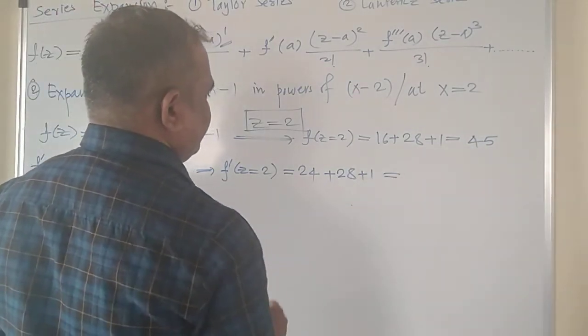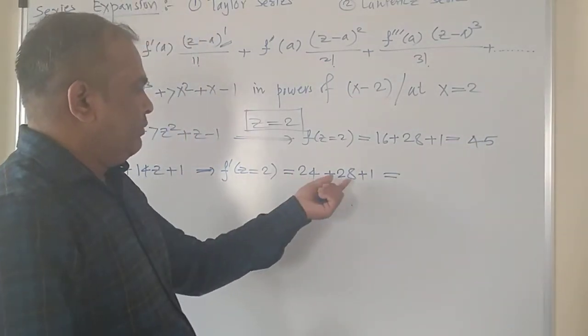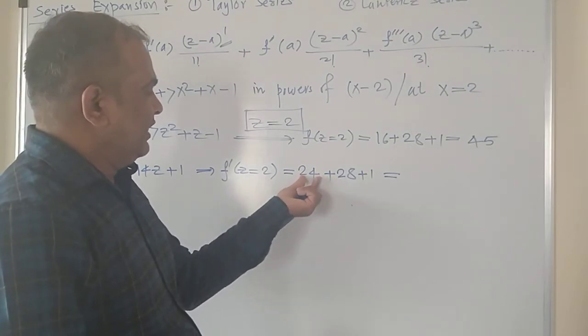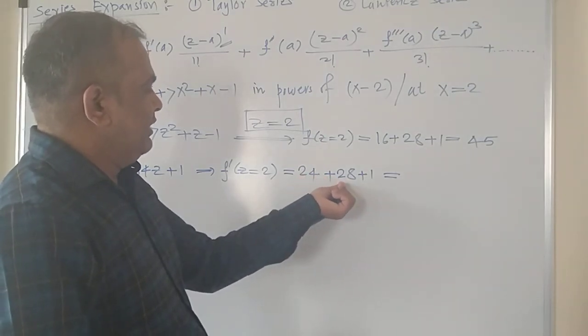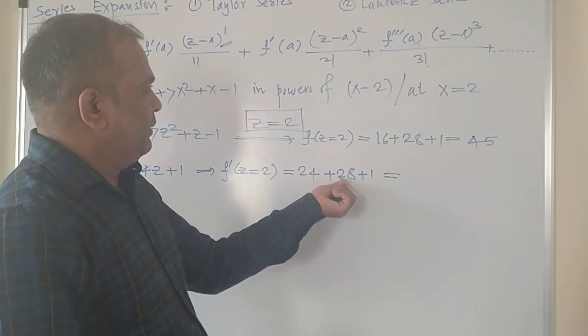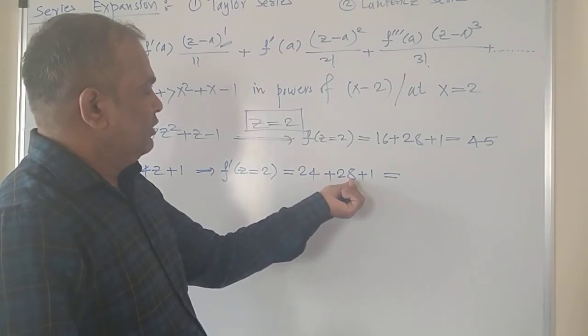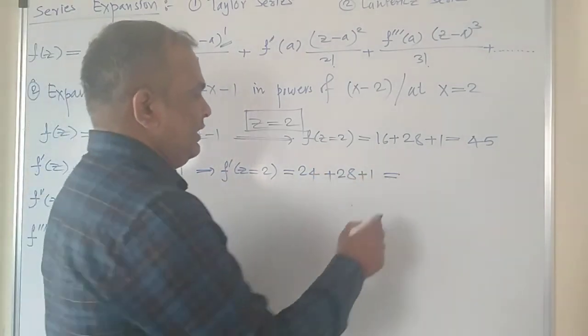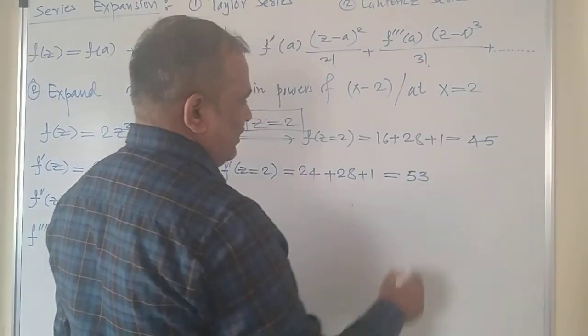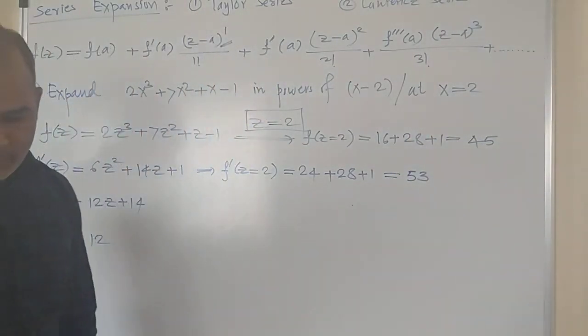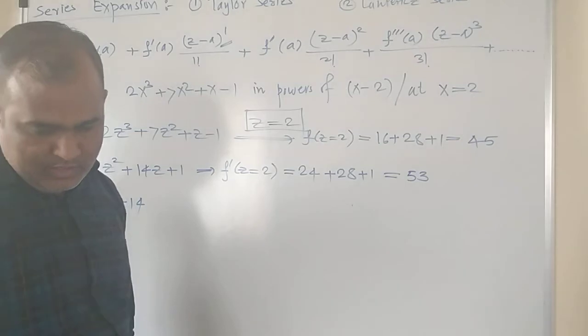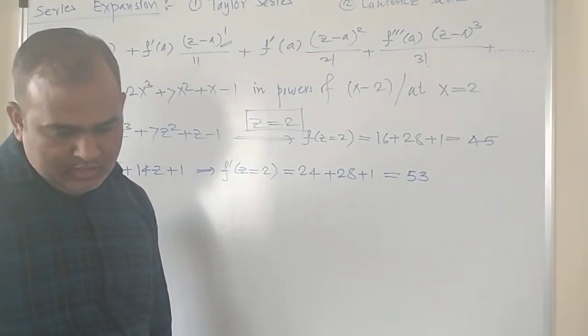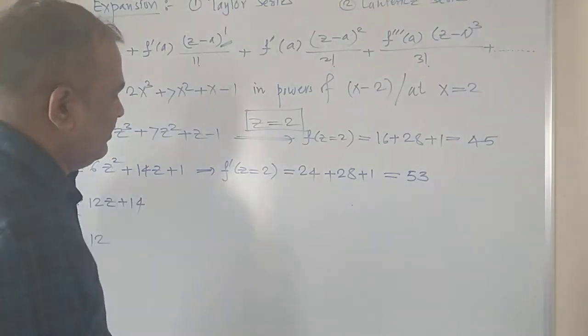So 24 plus 6 from this is 30, 30 plus 20 is 50, 50 plus this remaining 2, 52, 52 plus 1 is 53. So this is equal to 53.